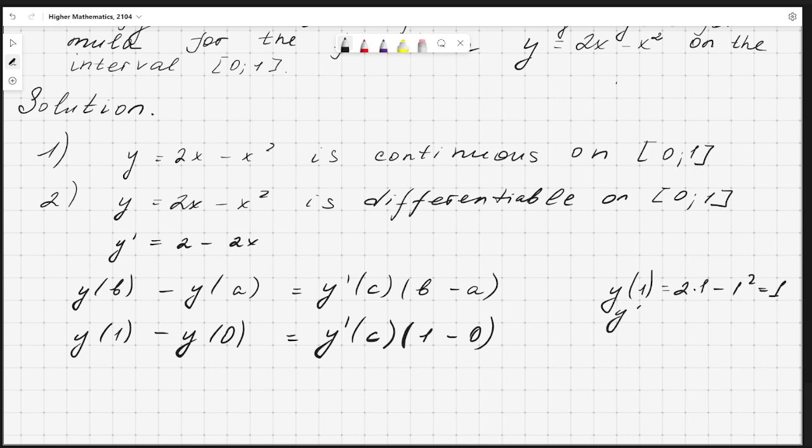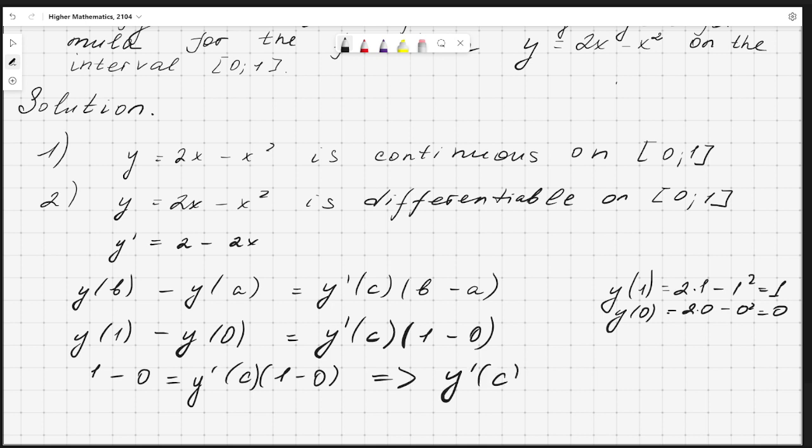Y of 0 is 2 times 0 minus 0 squared. It means 1 minus 0 equals y prime of c times 1 minus 0. From this, y prime of c equals 1.